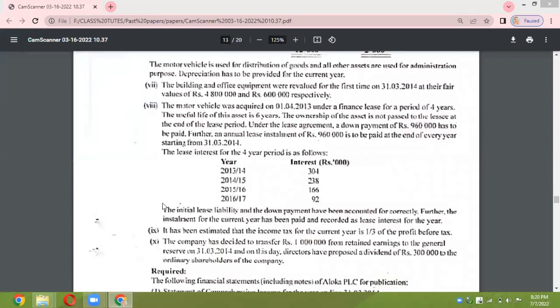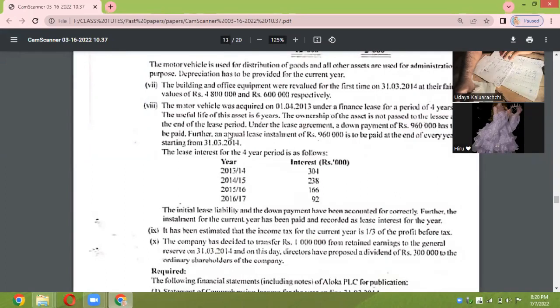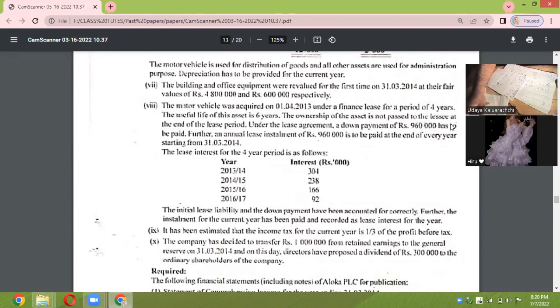The motor vehicles was acquired on opening date under a finance lease for a period of 4 years. The useful life of this asset is 6 years.